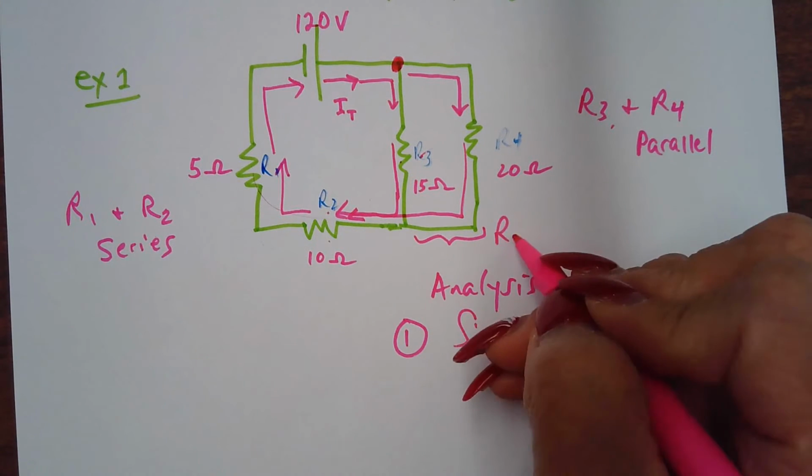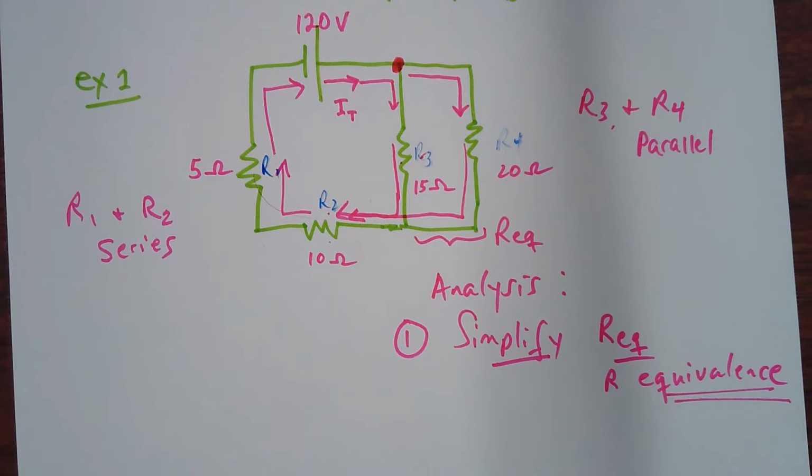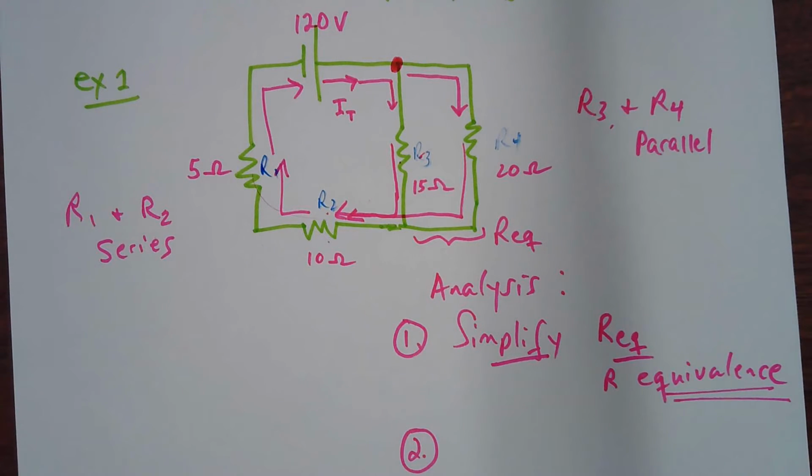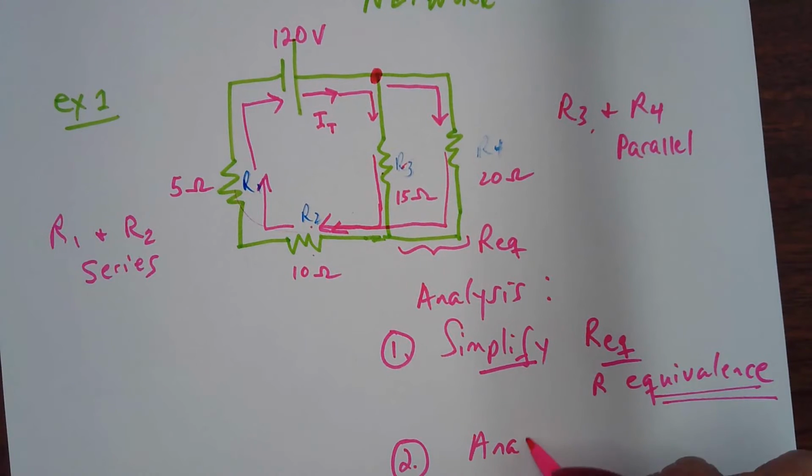So we can find the R equivalent of these first. That's simplifying. That's always your step 1. Step 1 is to simplify, and then step 2 will be to analyze.